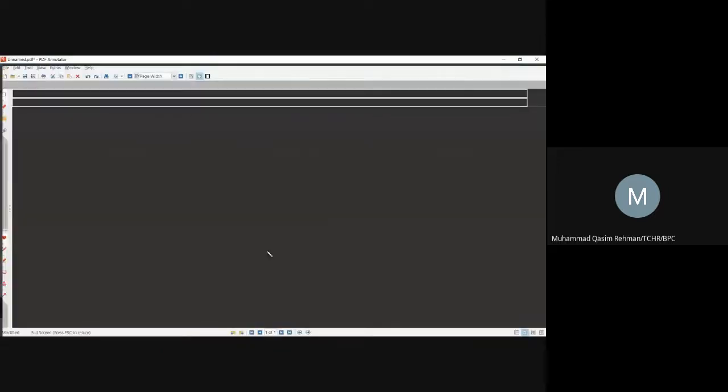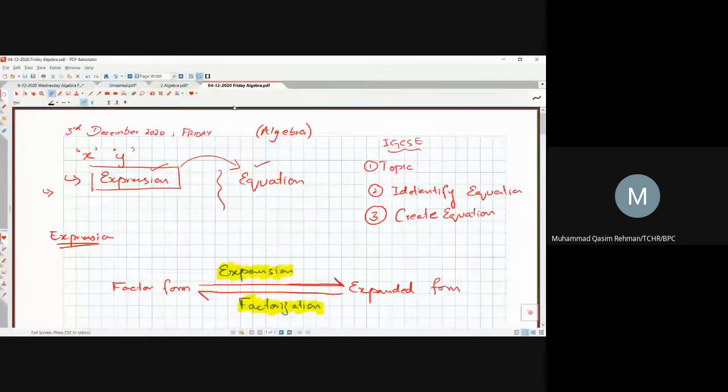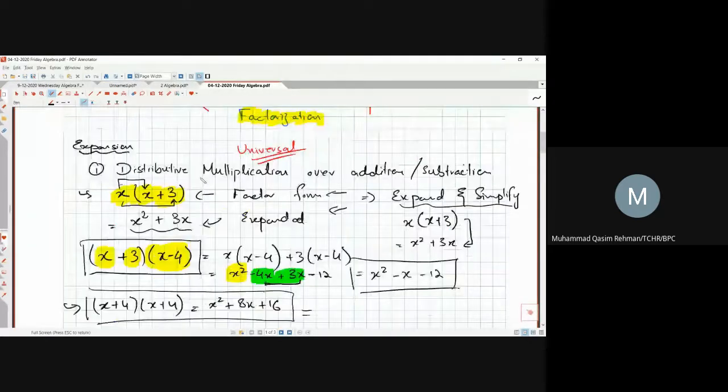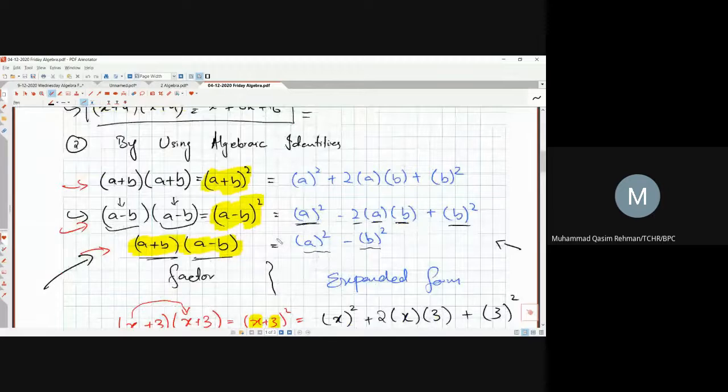Let me quickly show you the identities from the previous lesson, where we started factorization. There you go. We use the algebraic identities for the expansion purpose.